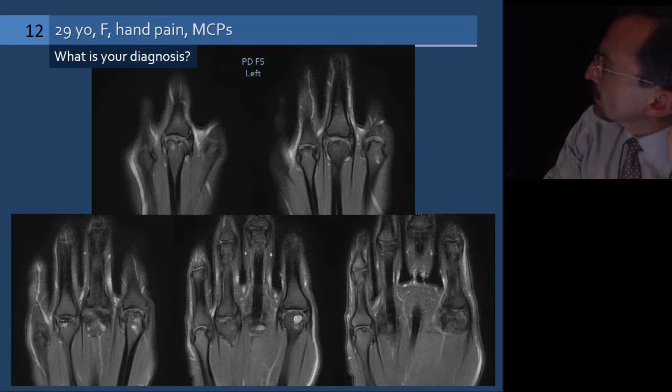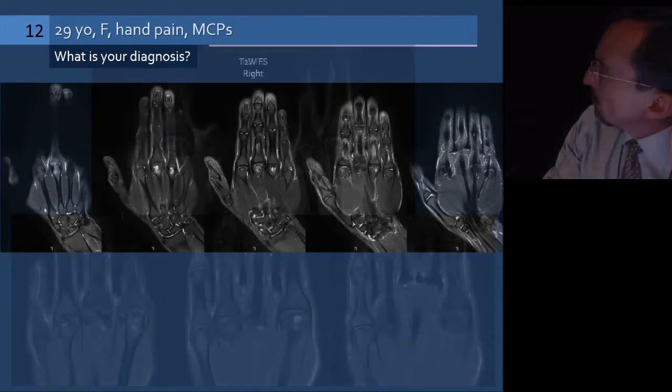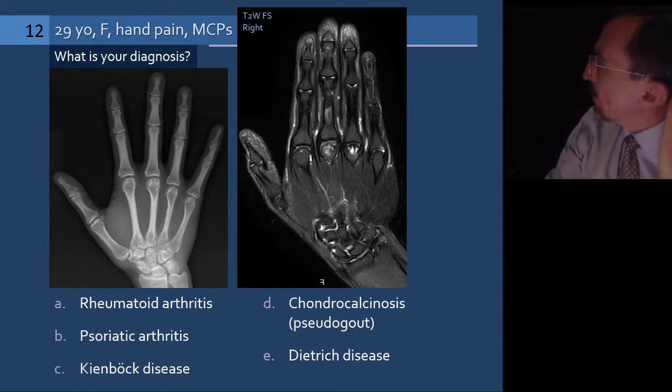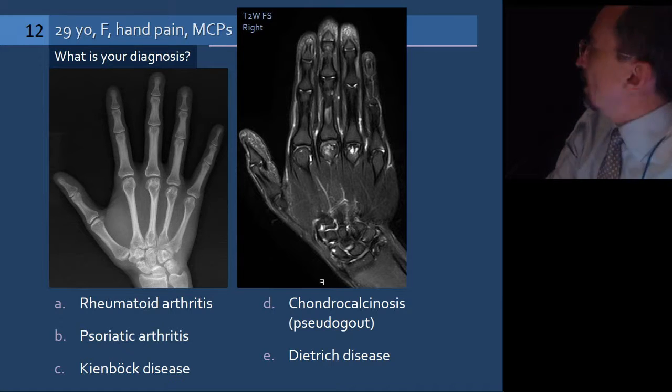This is how the lesions look like on MRI. And this is the other hand. So do we have rheumatoid arthritis? Do we have pseudogout or psoriatic arthritis or Kienberg's disease or Dietrich disease?